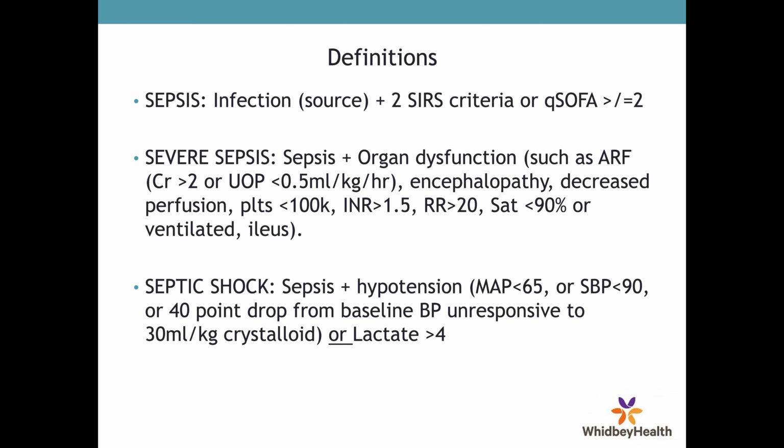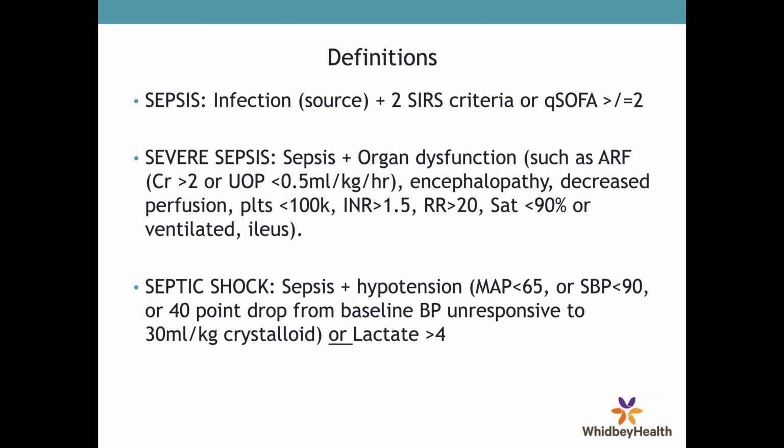I do want to point out encephalopathy. So, a septic older person with a UTI who's delirious is actually in severe sepsis, even if everything else doesn't look too bad. But also decreased perfusion, low platelets, high INR, respiratory distress, a GI ileus, all would get you into that severe sepsis category.